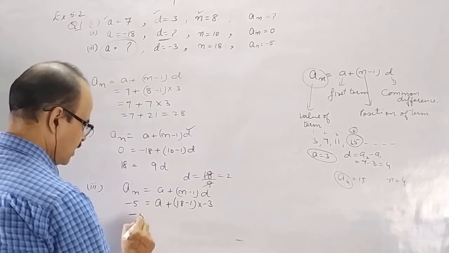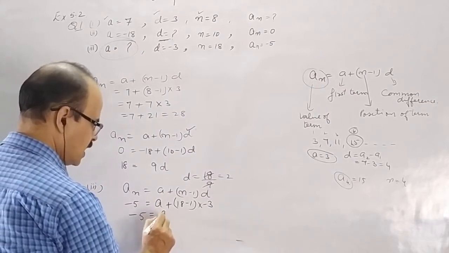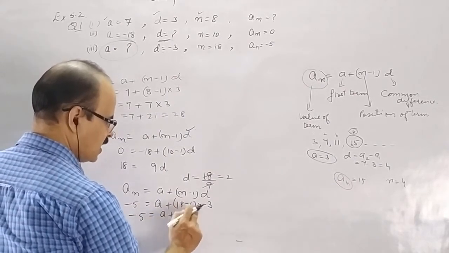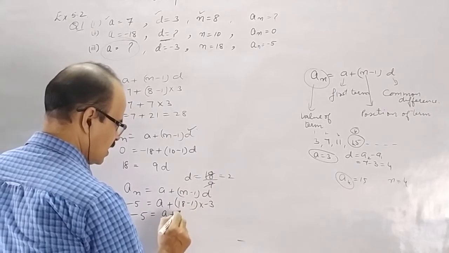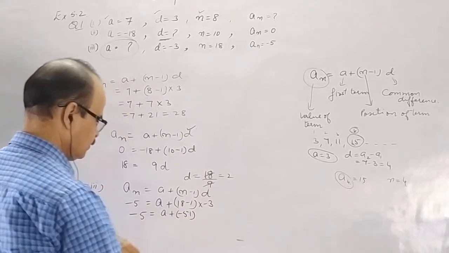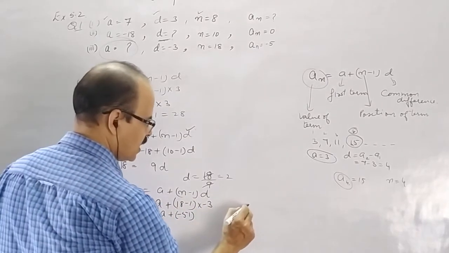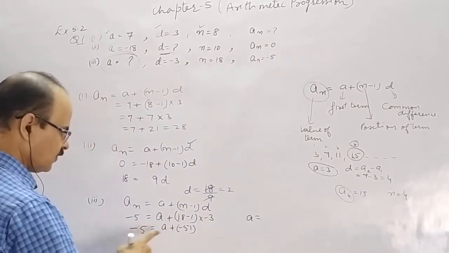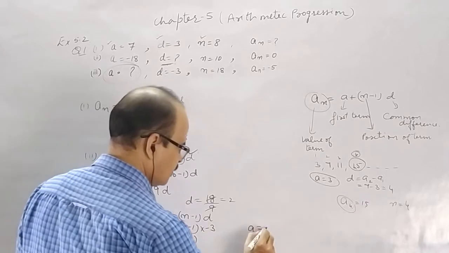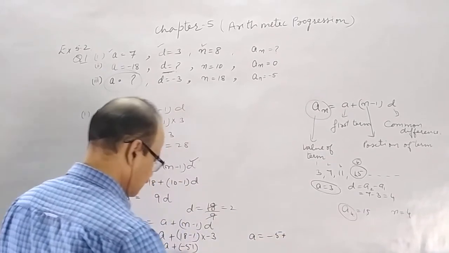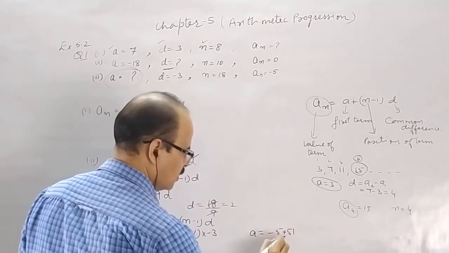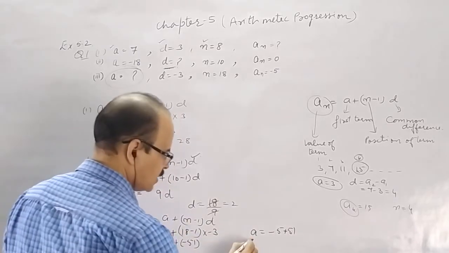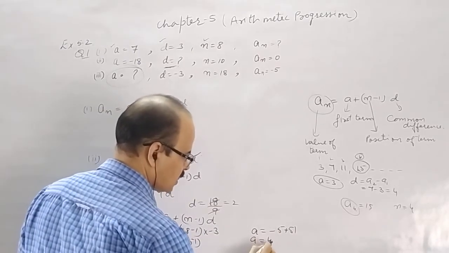So minus 5 is equal to A plus 17 into minus 3, which will give you minus 51. So what will be A from here? Bring this minus 51 to the left side, with minus 5 it will be plus 51. We are bringing it to the other side. So A will be equal to 46.